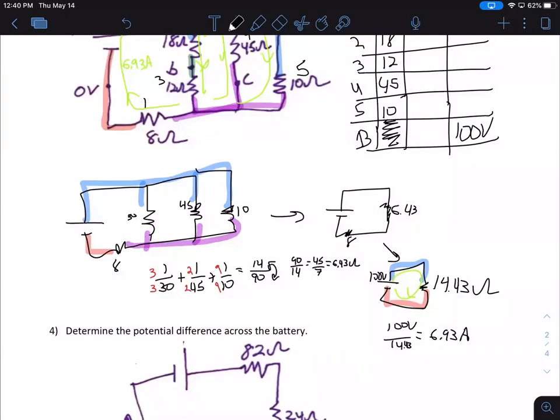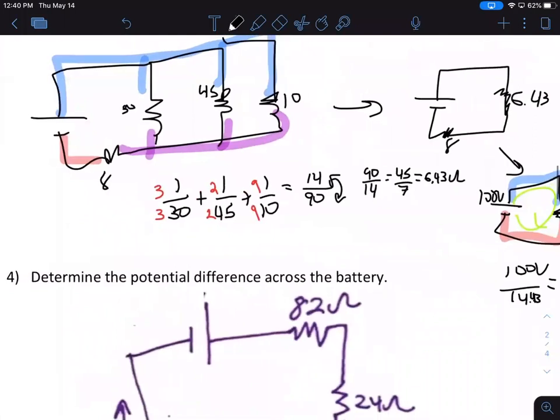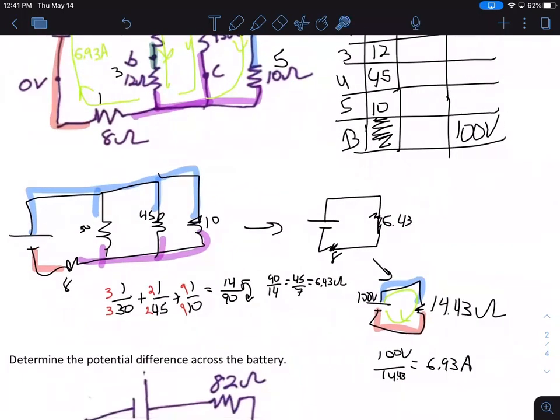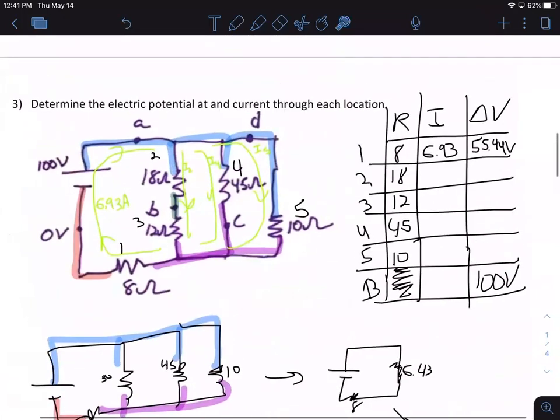All right, I don't know exactly when that cut off, so let's recap what we did. We combined these two into one 30 ohm resistor. We then combined these 3 into a 6.43 ohm resistor. Combined with the 8, that was a 14.43. That let us find the current in this simple circuit, which is the current going through the battery here.